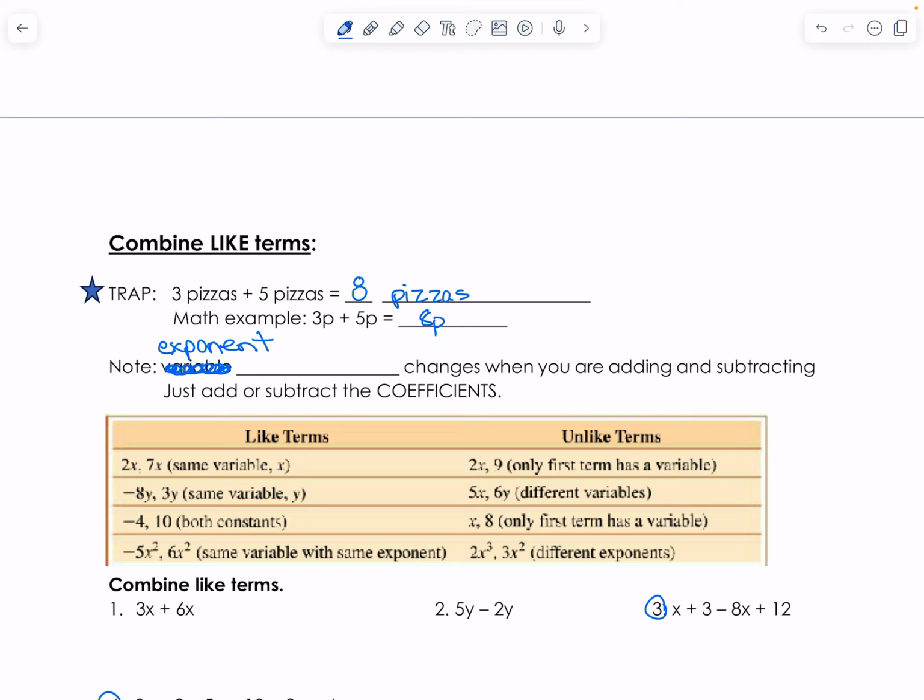You only change the exponents when you multiply. In your notes it says a variable never changes. And that is true, but I'm specifically talking about exponents. Exponents never change when you're adding and subtracting. You just add and subtract the coefficient. Remember, coefficient is just that number in front of your letter.